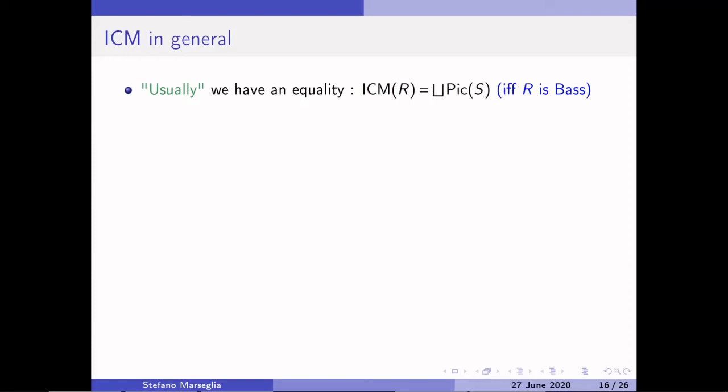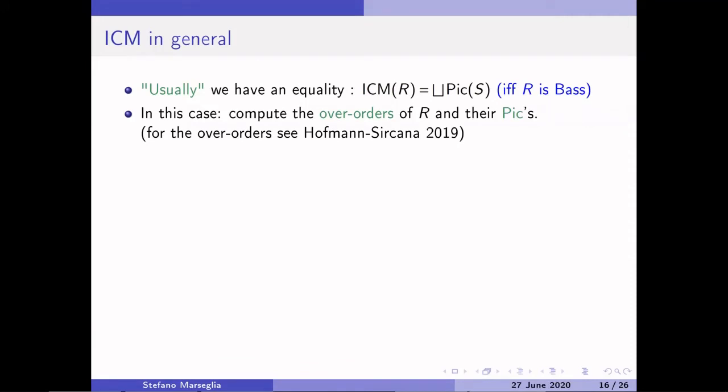If this is the case, which is luckily the general case, then we are done, because we just need to compute the overorders of R and the Picard groups of R. I already told you how to compute efficiently the Picard group of every order. To compute the overorders of R, one can look at the recent paper by Tommy Hofmann and Carlo Sircana.